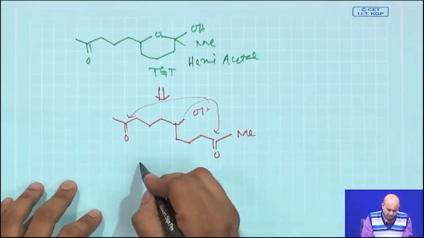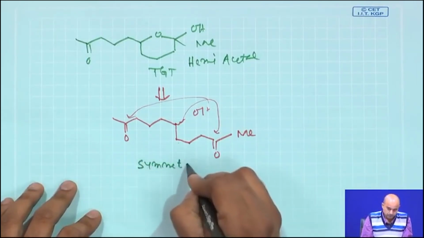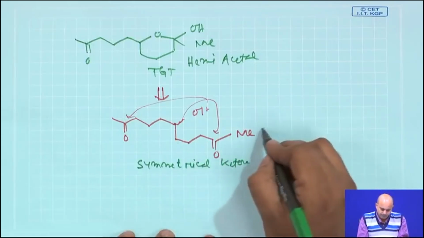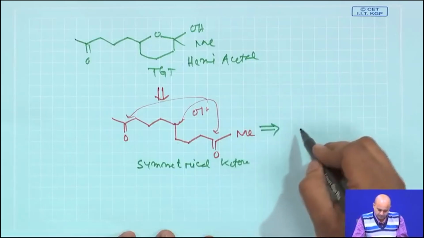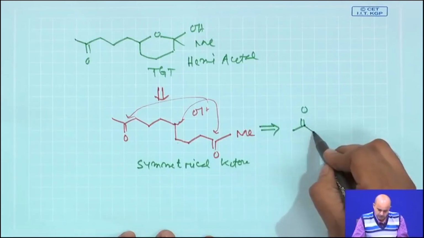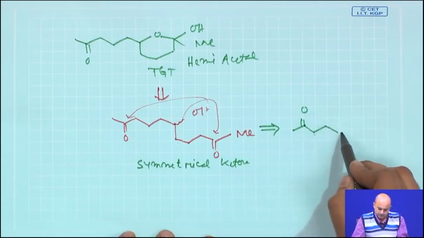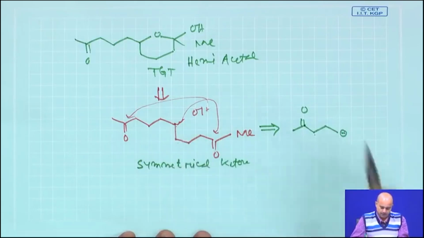Now I said this is a symmetrical ketone. If I need to disconnect this particular compound, we will be using a reagent something like this. We put 1 2 3 because you need a secondary alcohol here.